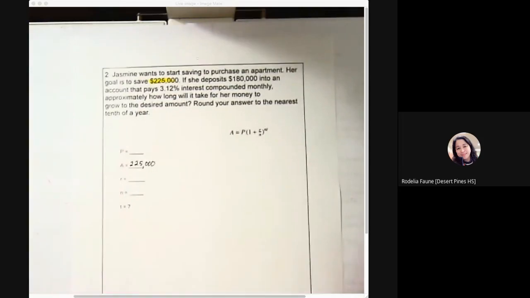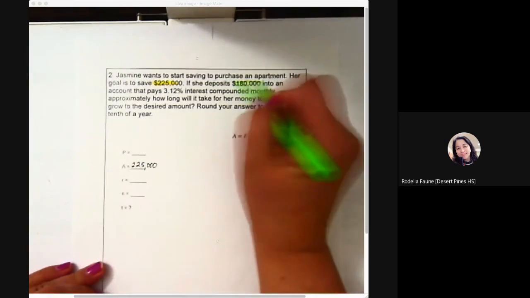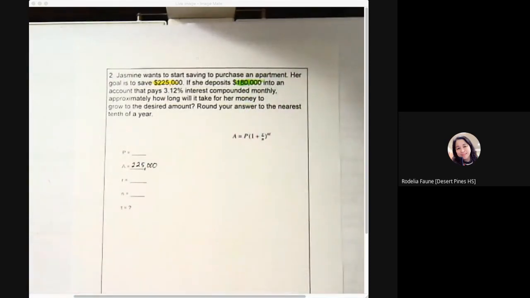If she deposits, so she deposited 180,000. So meaning to say that's the initial amount, or that is the money she deposited. So this will be your P, 180,000.